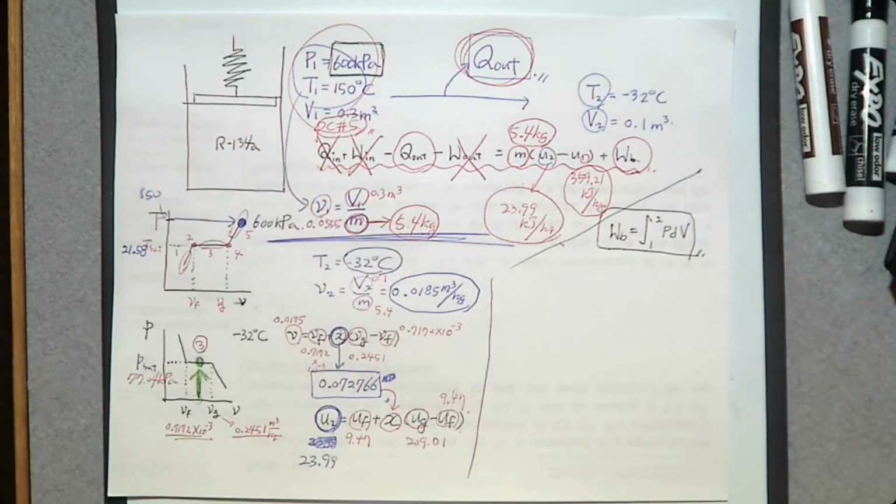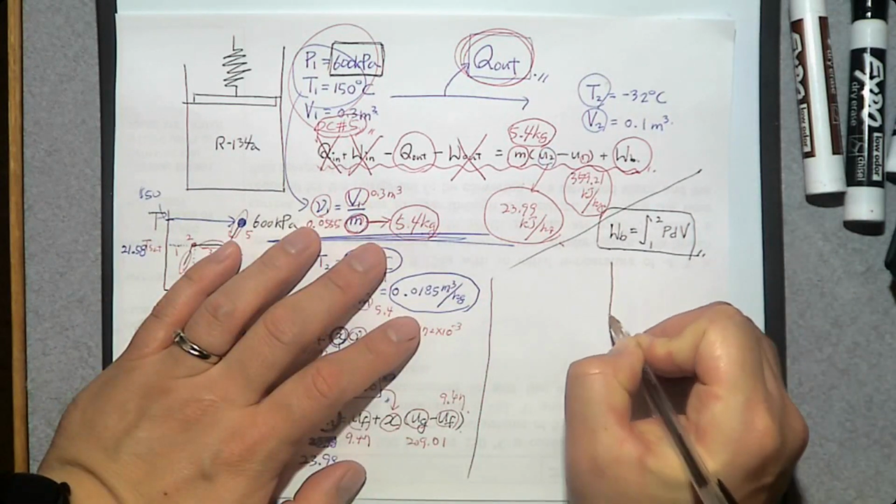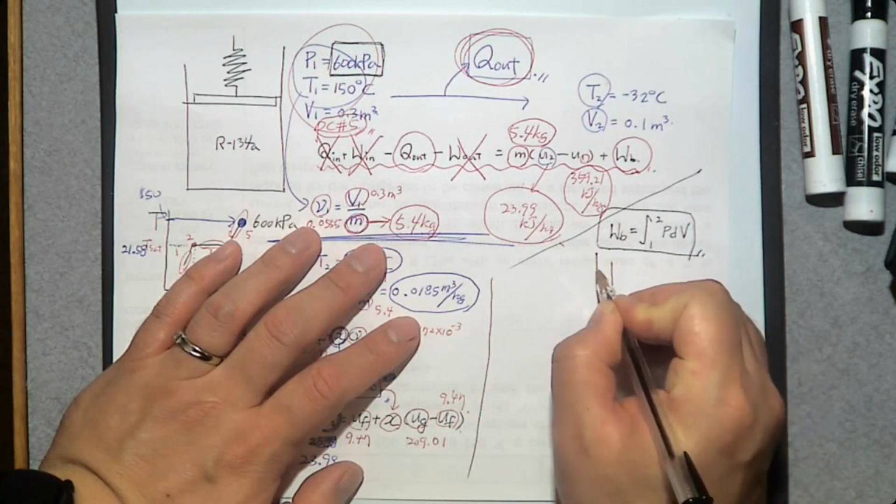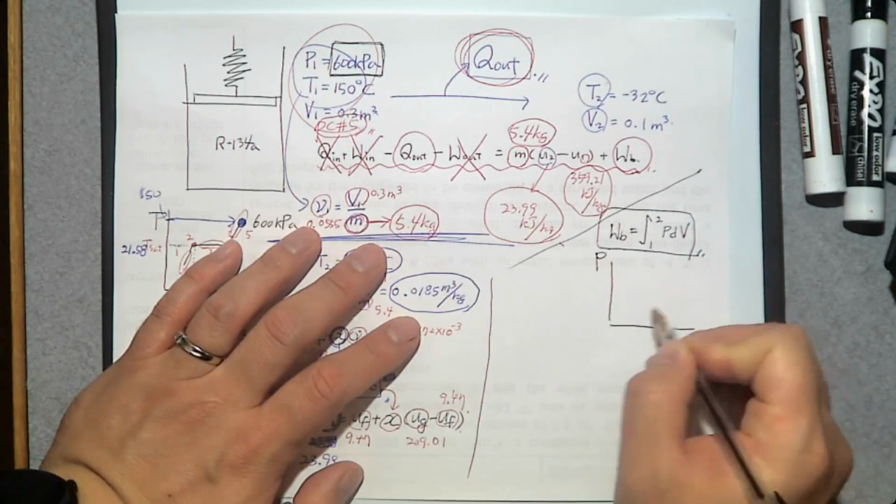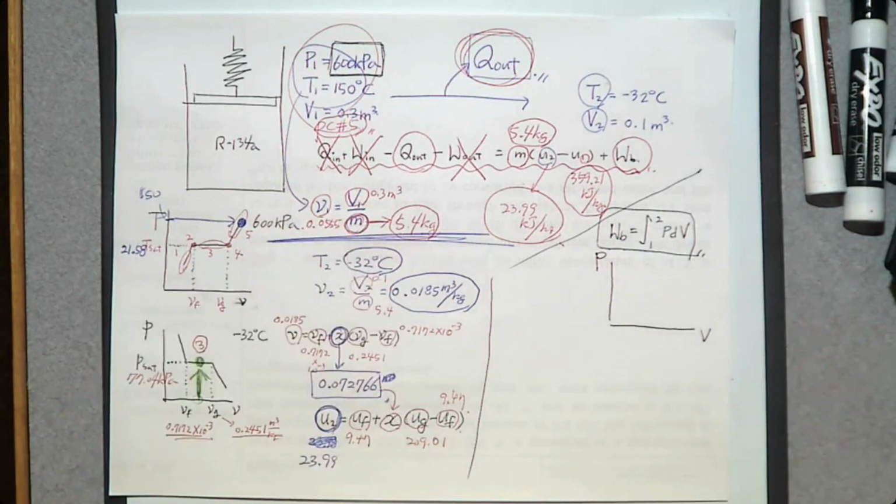Another mathematics. So what does it mean? It's the integration, but on a graph, it means it calculates the area when you make a volume pressure diagram. So if we have a PV diagram, the area can be determined by this integration.